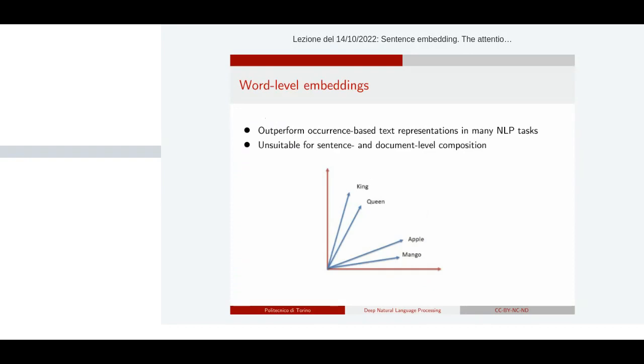But if you look at each single word separately, the network misses some word relations that are potentially relevant to embedding purposes. So our goal is to outperform the occurrence-based representation by building sentence and document level composition of text.